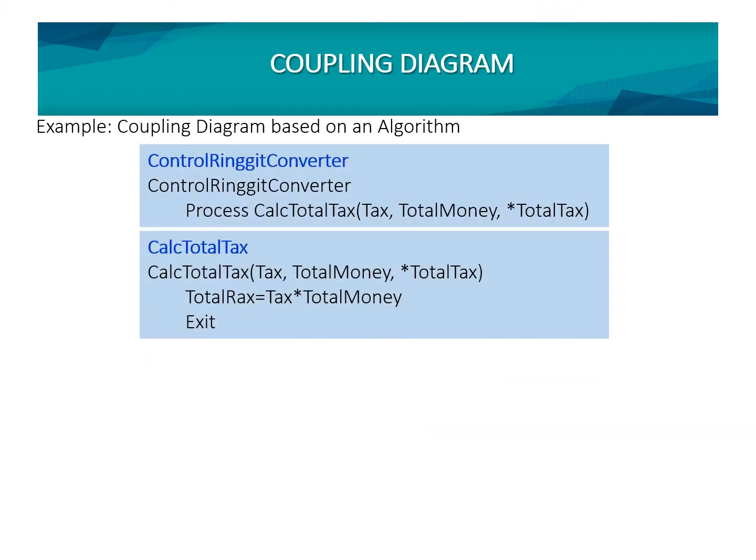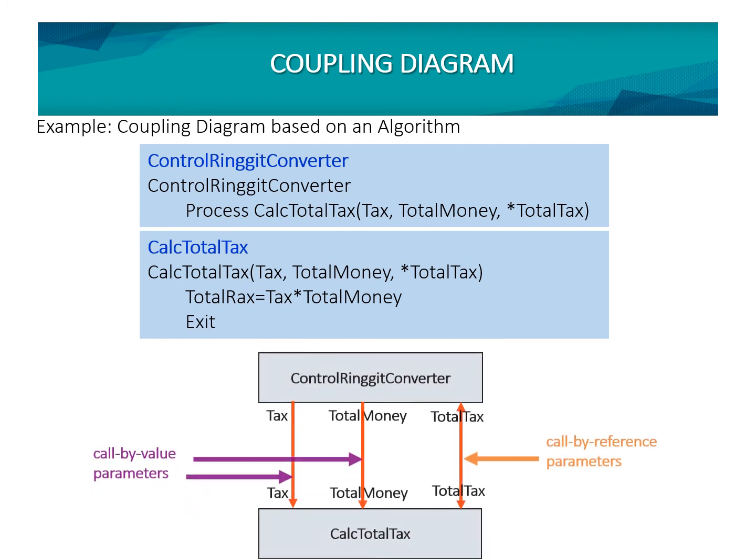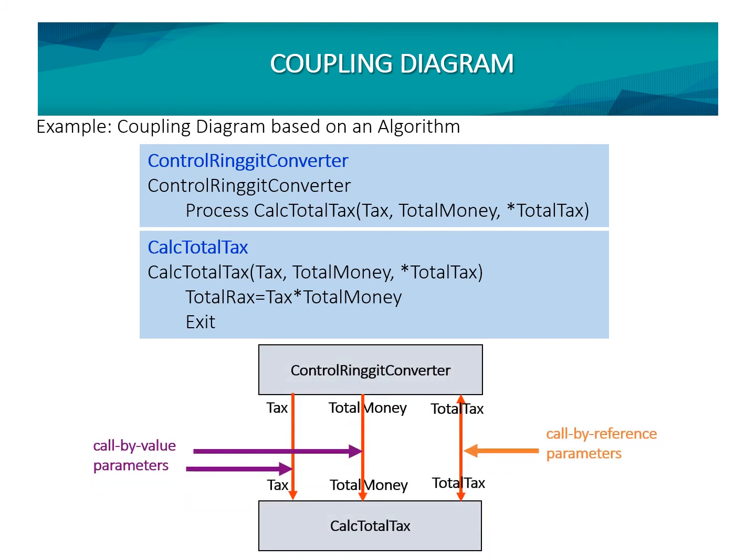So what about control ringgit converter module and calculate total tax? How does the interactivity look like? Let's look at this one: tax and tax is called by value, total money to total money called by value, and star total tax and star total tax are called by reference.